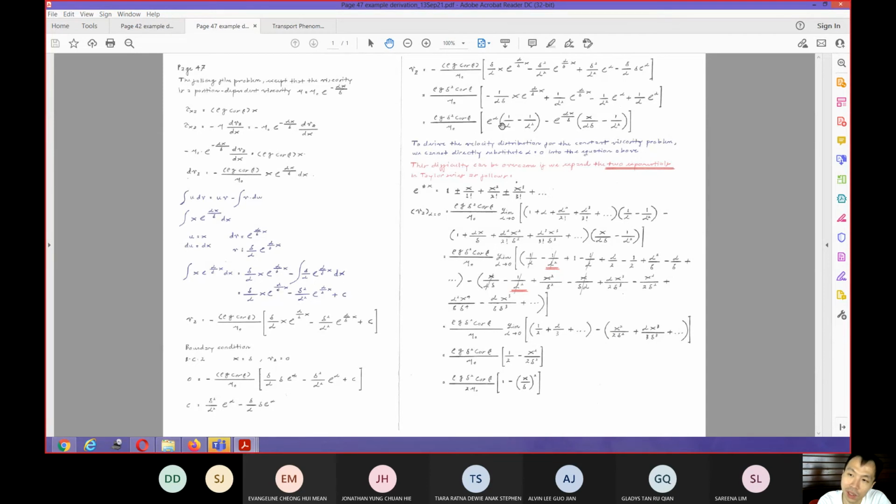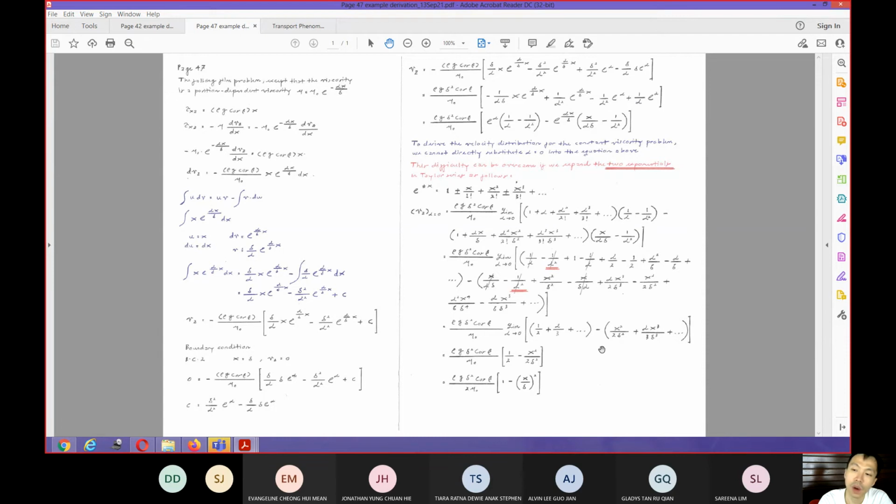So what you need to do is change this exponential term in here and express it in terms of the Taylor series. Okay, once you do that, and then you do very careful mathematical derivations, you will be able to recover what I recovered in here.